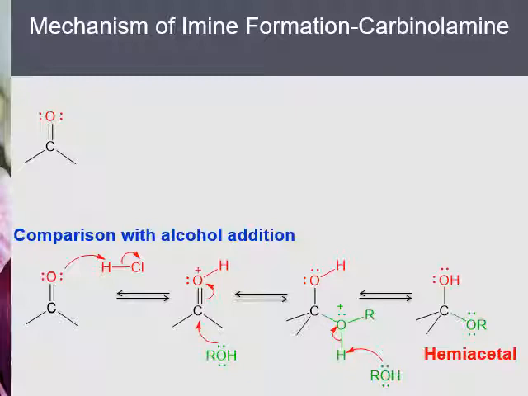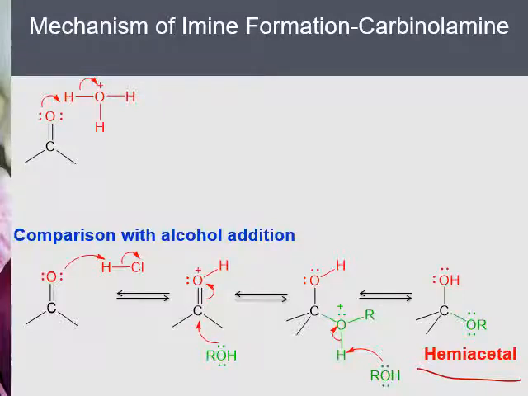The best way to understand an organic reaction or predict the product is to draw the reaction mechanism. So let's draw the mechanism of imine formation. Here I also show the hemiacetal formation mechanism for comparison. Just like hemiacetal formation, in the first step the ketone or aldehyde needs to be protonated. So draw an acid.